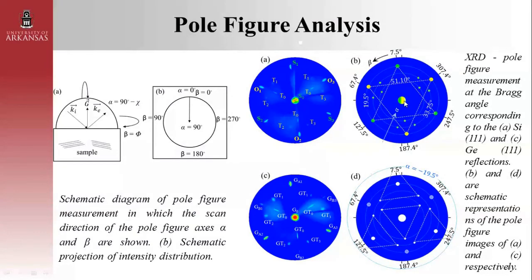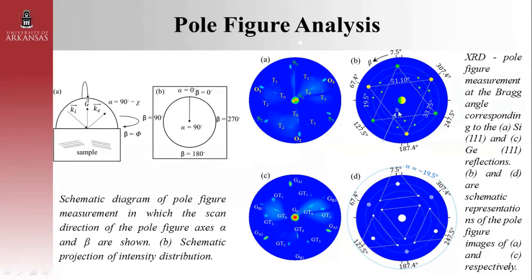However, at the same value of alpha, at the same azimuth, you have another triad of spots, which is O1, O2, and O3.